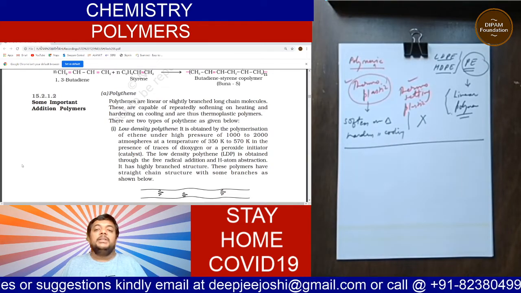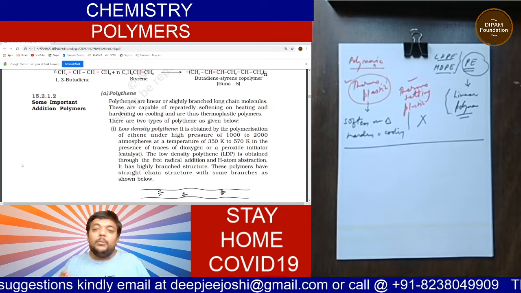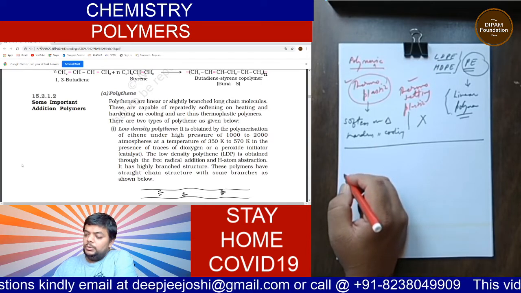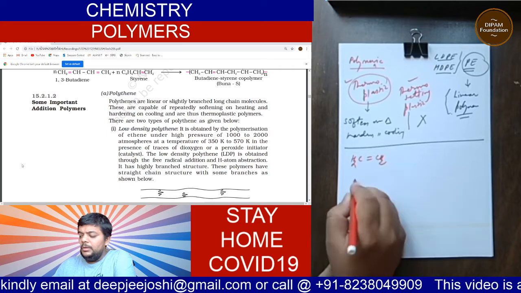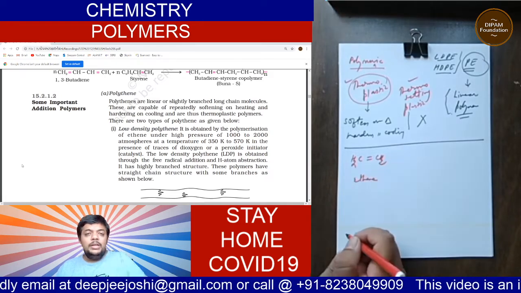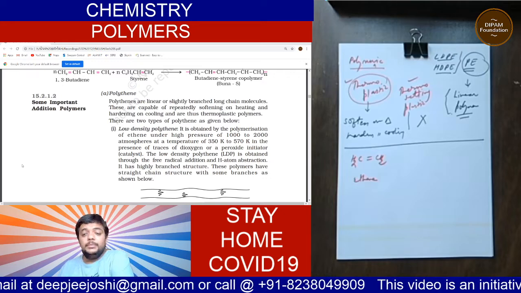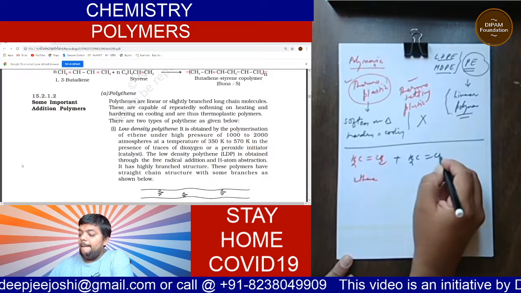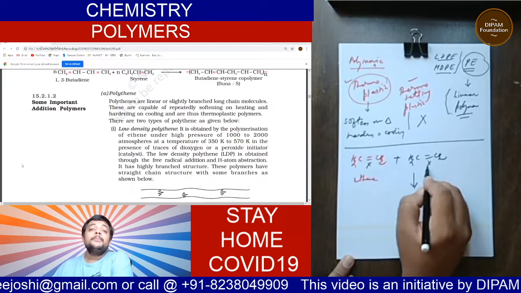Now, what is the difference between LDPE and HDPE? But before going into the difference, let us just study how it is formed. So, you have a simple ethene molecule. When several ethene molecules combine with each other, the pi bond breaks.